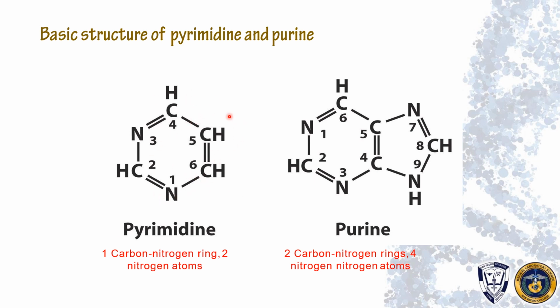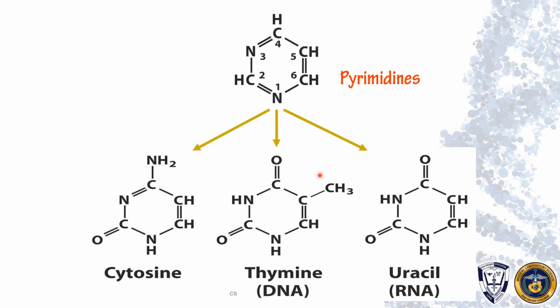So, of course, as I've said, your pyrimidine is a single-ringed heterocyclic aromatic organic compound, and your purine is a double-ringed heterocyclic aromatic organic compound. And then, for the examples of your pyrimidine found in your DNA, we have the cytosine and the thymine.